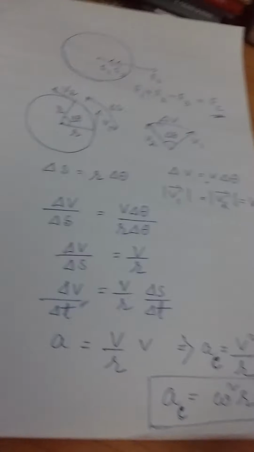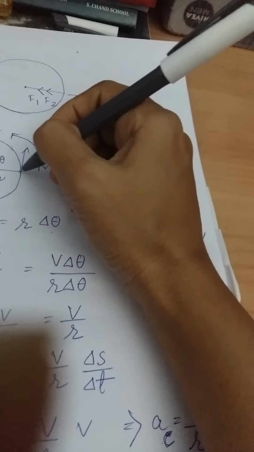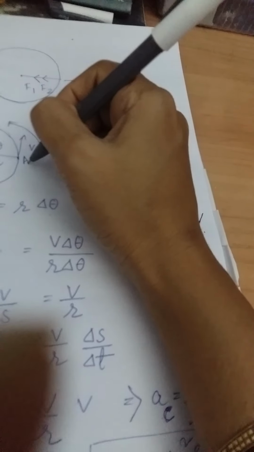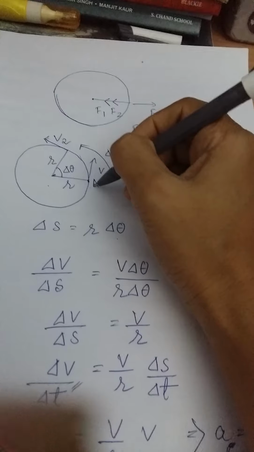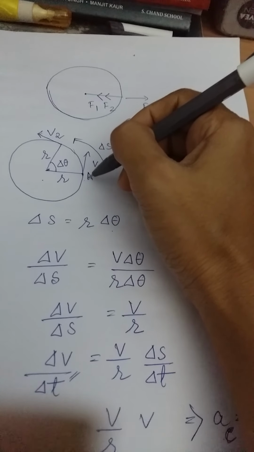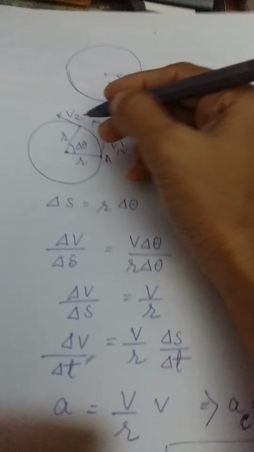This derivation is very important in circular motion. And always remember, if the body goes from position A and returns back to position A, then the linear displacement is 0.